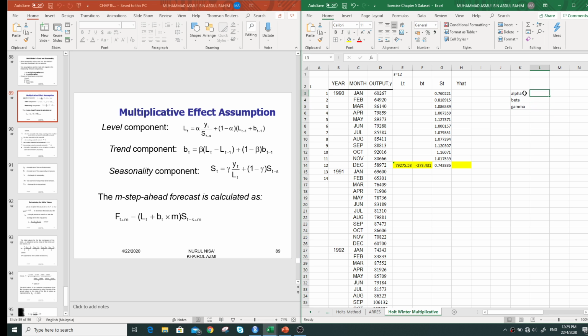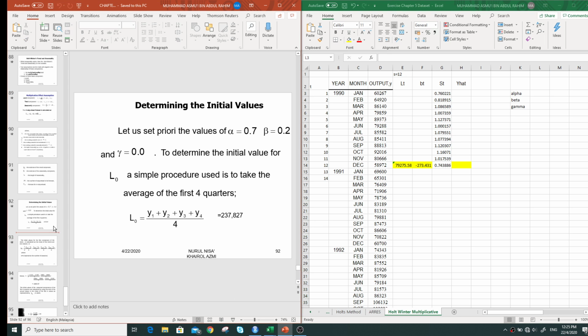For this example I will use alpha 0.7, beta 0.2, and gamma 0.